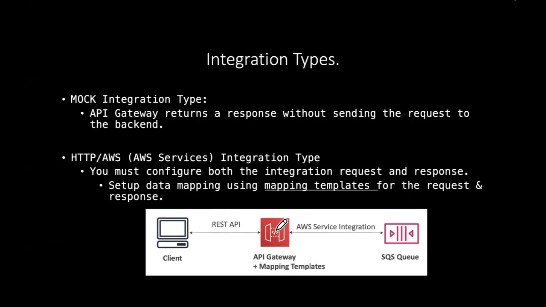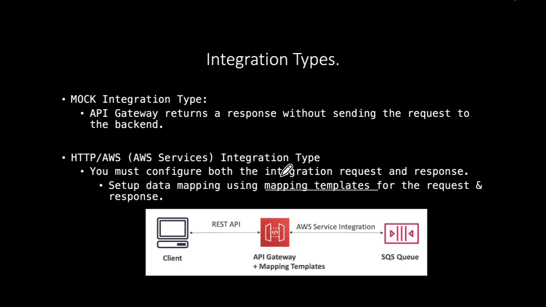API Gateway has to send the payload and maybe some wrapper information about the request to an SQS queue. Now, how does API Gateway transform the HTTP request into something that's suitable for an SQS queue? That transformation has to be described, if you like, to API Gateway.